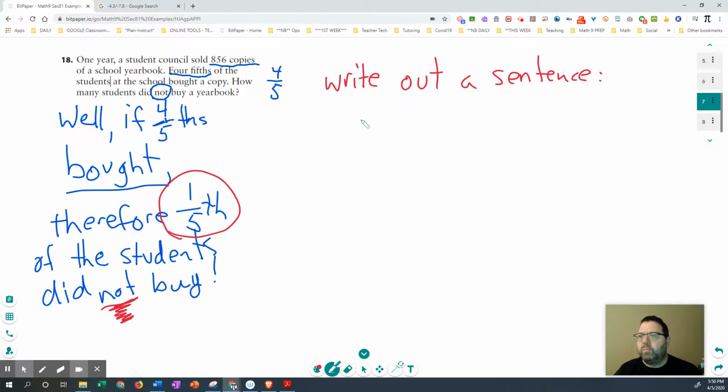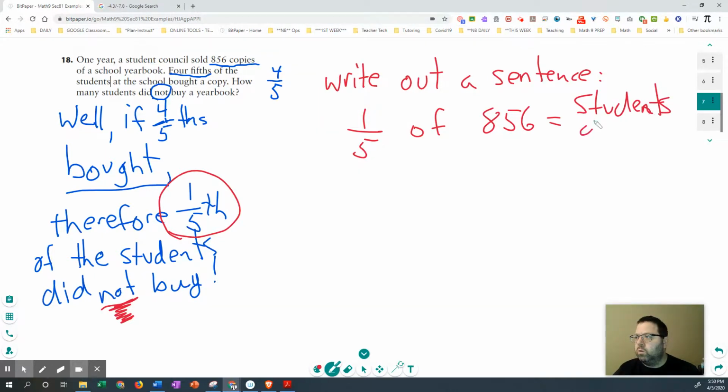Here's what I mean. 1/5 of 856 equals the students who did not buy. See how picky I am?